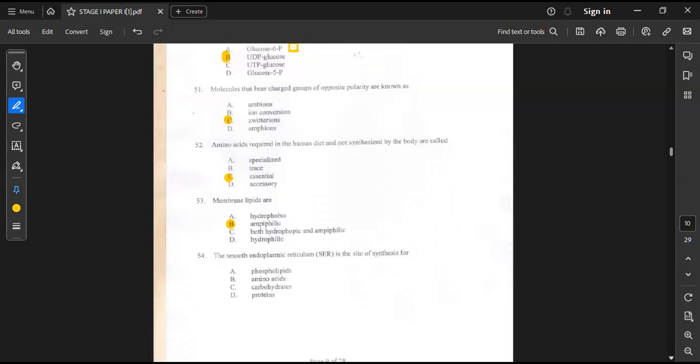The smooth endoplasmic reticulum is the site for phospholipids, amino acids, carbohydrates, or proteins. Phospholipids.